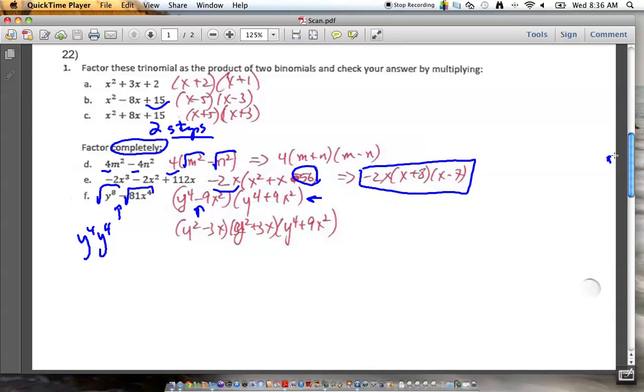The square root of y to the 4th is y squared, and the square root of negative 3x squared is negative 3x, positive 3x. So this would be the example that we're looking for. Okay? So anyway, my advice to you is to understand what the competition is going to do to you, and they will ask you to factor completely somewhere on your Regents exam.